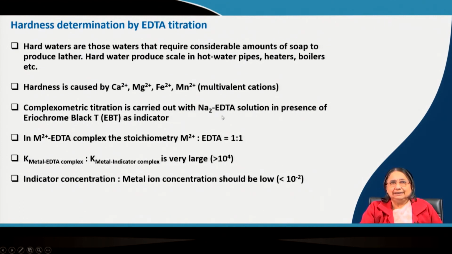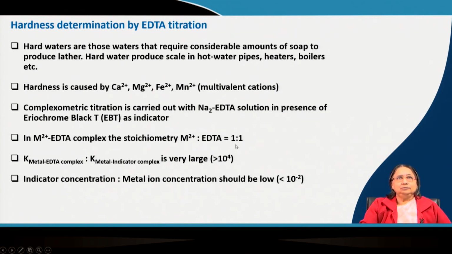Now, the question is why EDTA finally breaks this EBT calcium magnesium ion complex. And here another thing is very important to mention, that in this metal ion EDTA complex, the stoichiometry is 1:1.